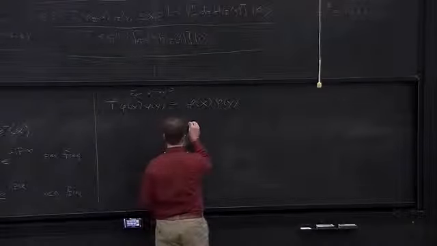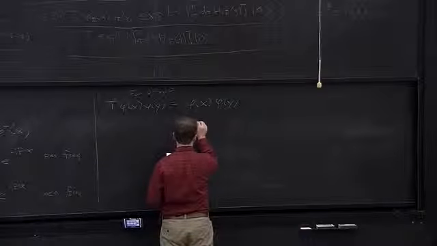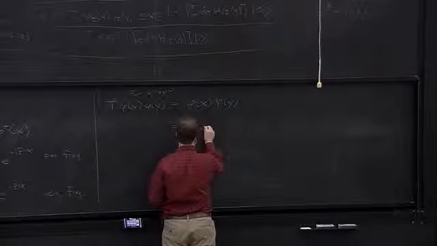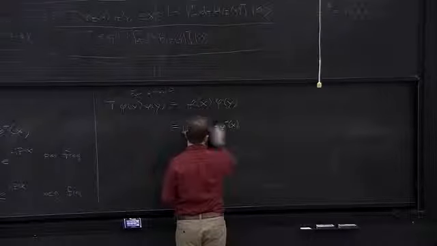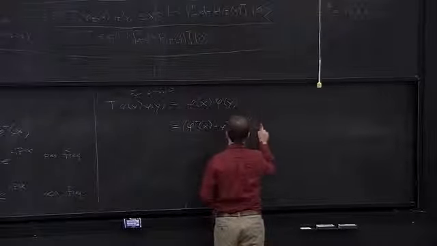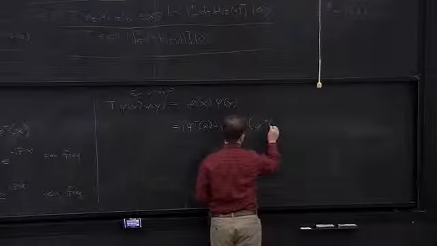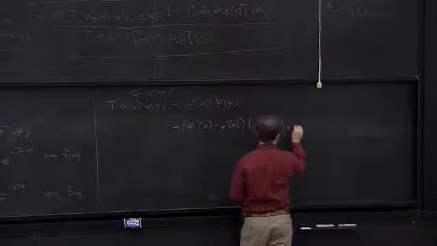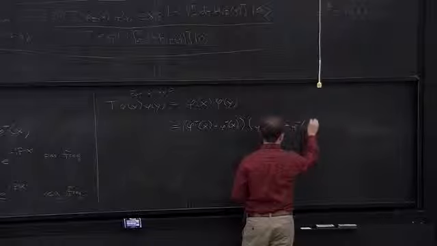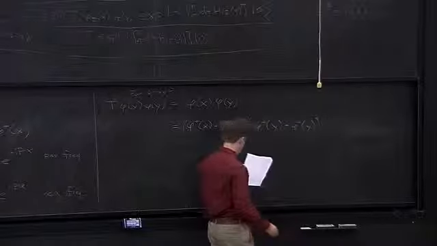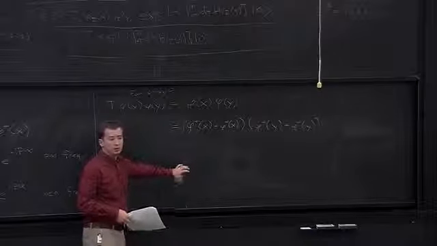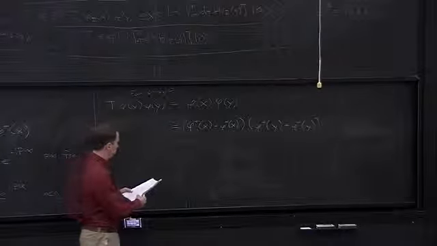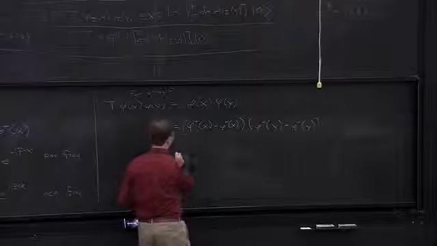So to do that, we can expand phi in terms of its positive and negative frequency parts. And so there are four terms here. Three of them are already normal ordered.